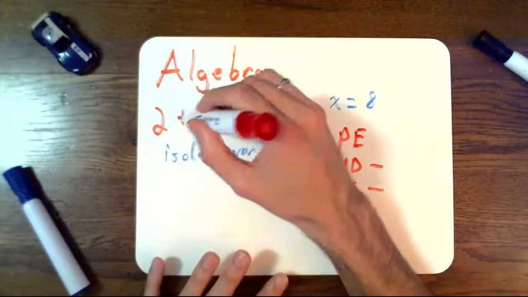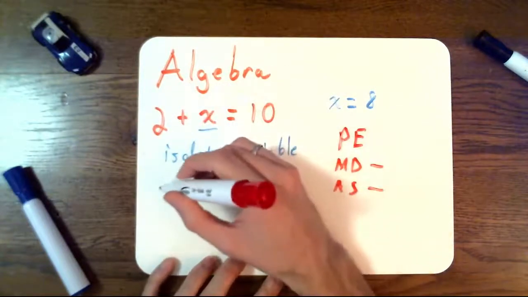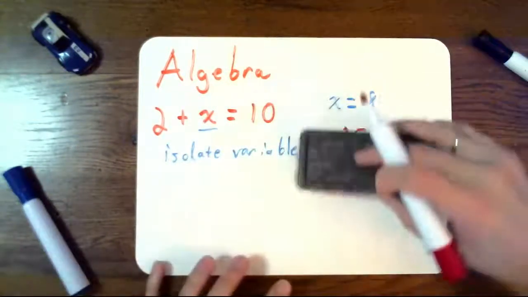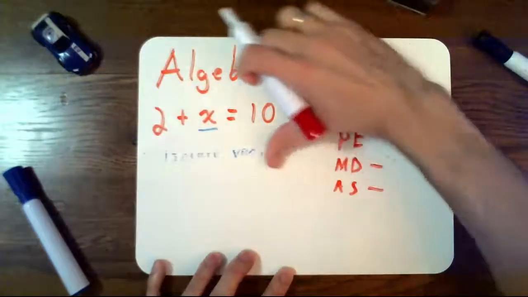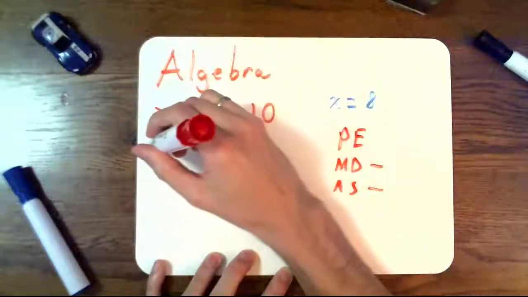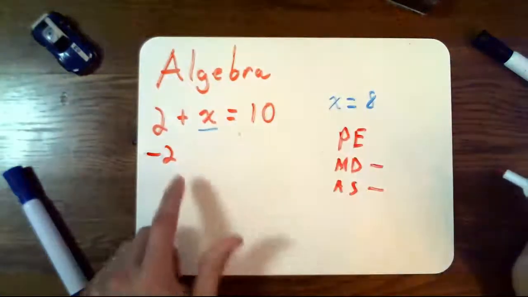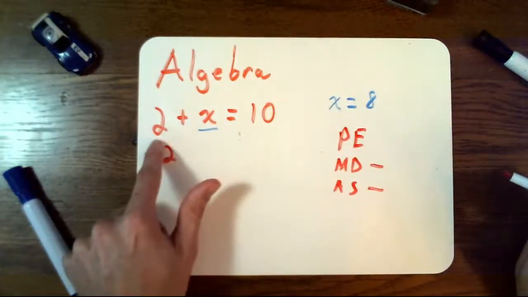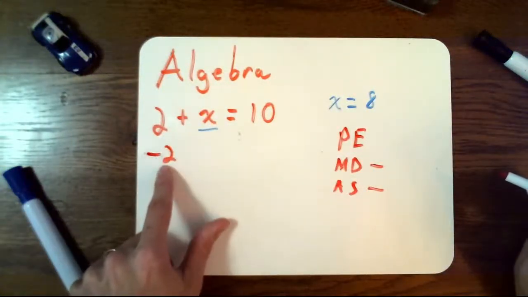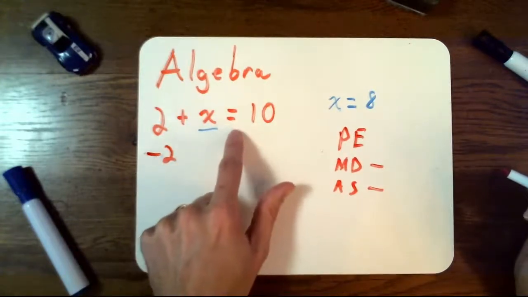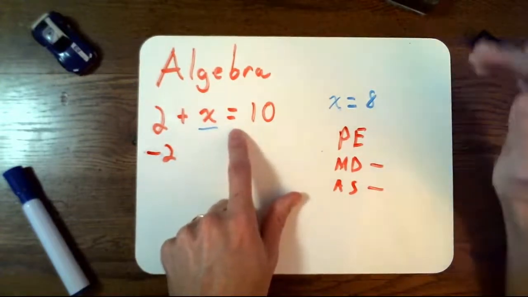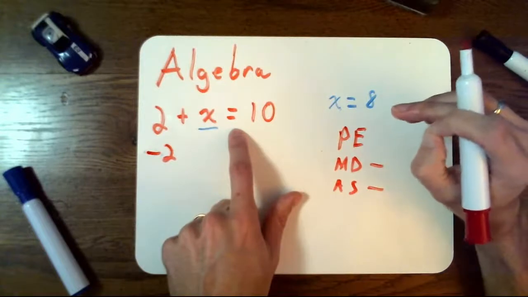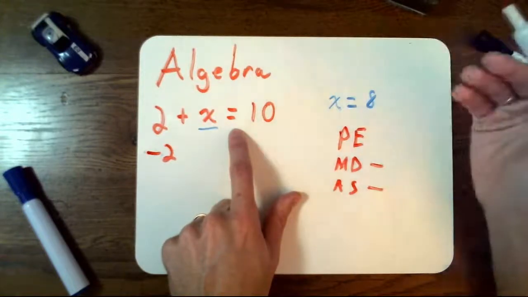So if we're adding 2 to x here, the first thing we want to do is subtract 2. Since we're adding 2 here, we want to take 2 off. But there's an equal sign, and everything that we've been dealing with up to this point hasn't really had an equal sign in it.